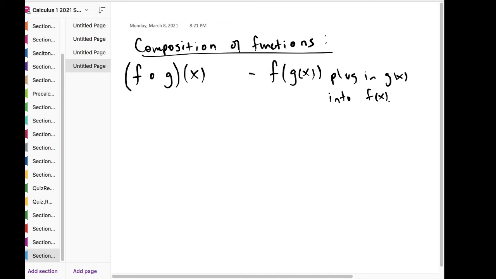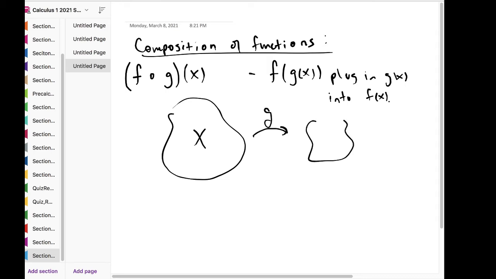So a picture of that would be like, if this is x land, and this is g, so this is the range of g, and then that's the domain of f. So these would be the two ways to understand what a composition is. They're equivalent. Plug in g of x into f, and the range of g enters in the domain of f.